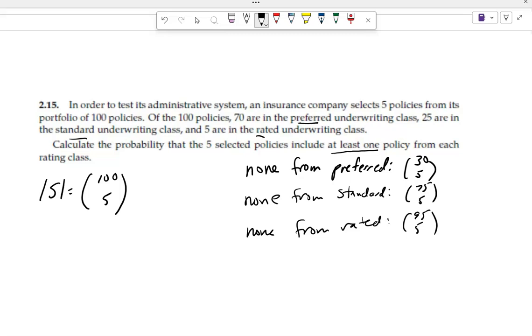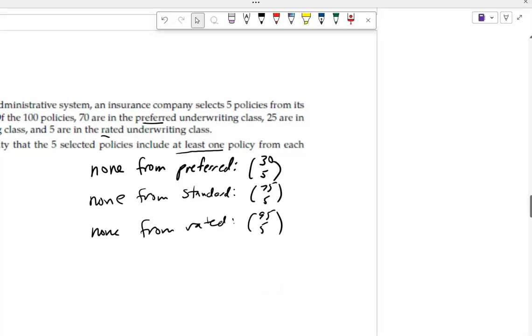You subtract off when you only pick the one group. Okay, so we said that this included what? If we said they were none from the preferred, they may be all. They may also be none from the standard or none from the rated, right? And then likewise for the other ones. Okay, so how can we get rid of the overlap?